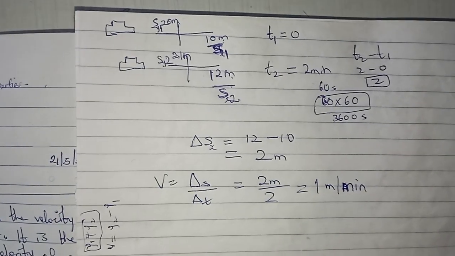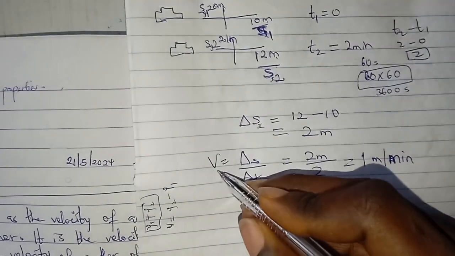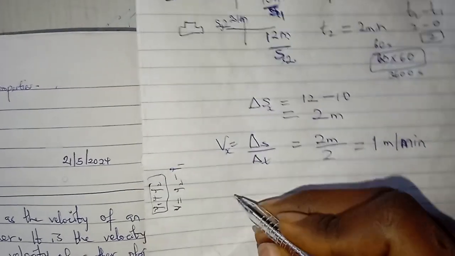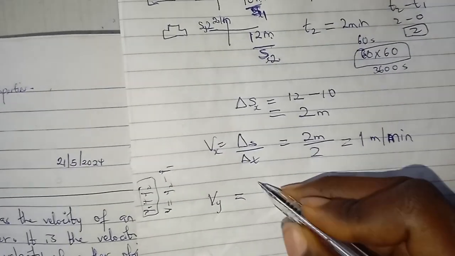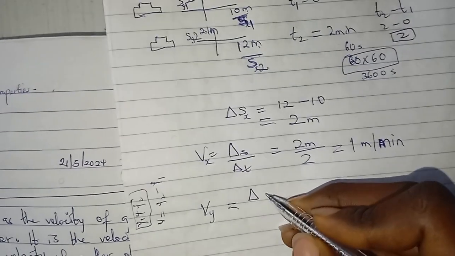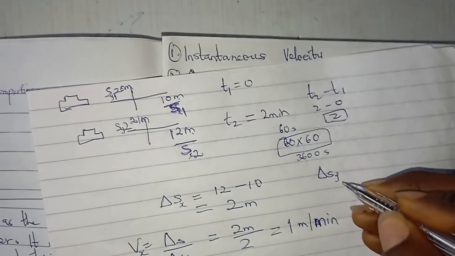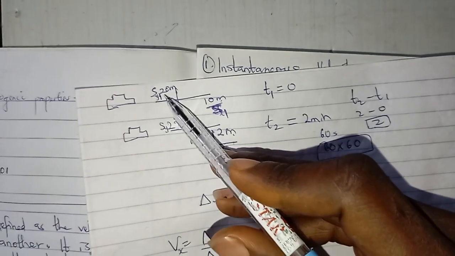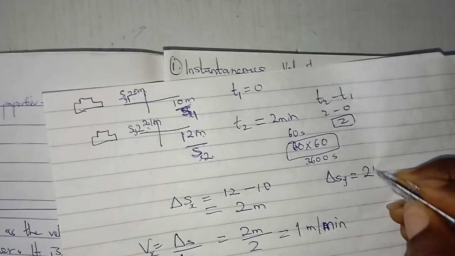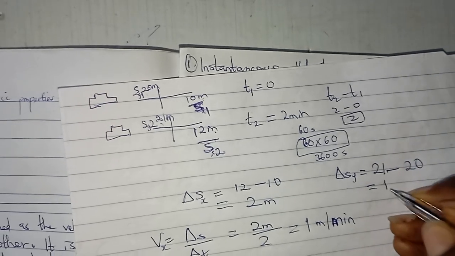So I now have Vx. Now for Vy, I don't like putting average or whatever. I will have change in Sy equals 21 minus 20, which is equals to 1.